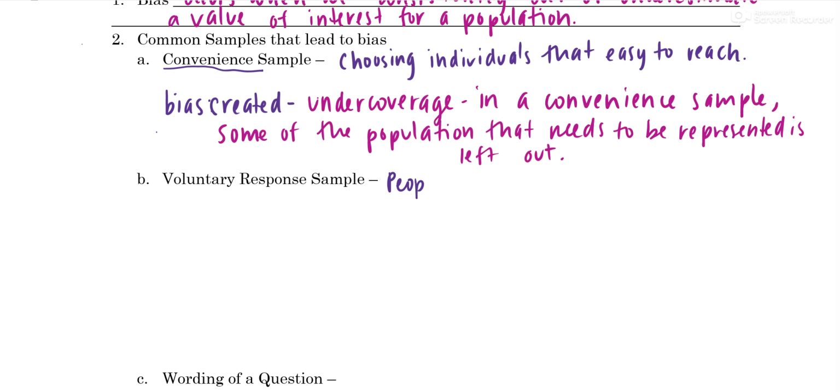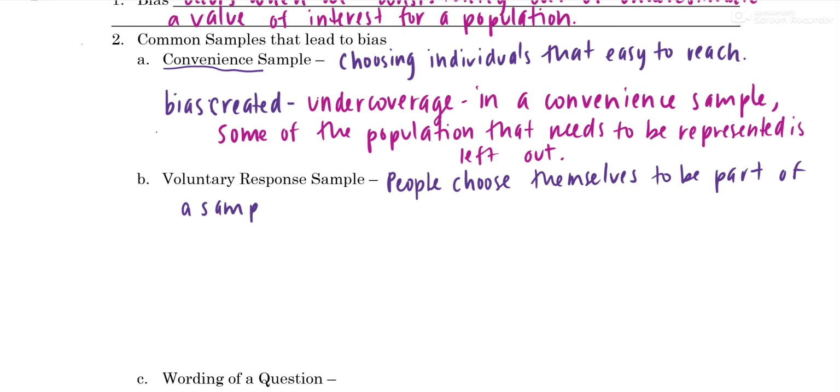People choose themselves to be part of a sample. Which sounds all good in theory, like, all right, well, I don't want to do this sample thing that you're talking about, so why not let somebody who actually cares? Well, because you're trying to represent a population.